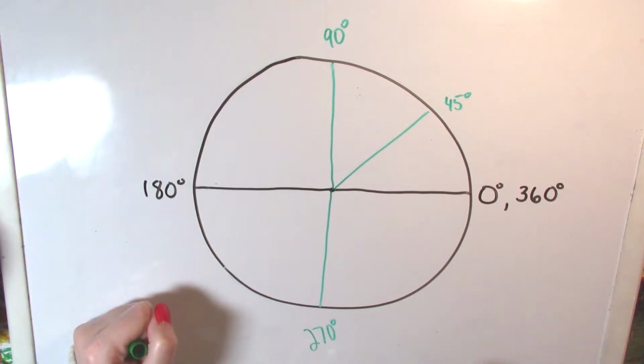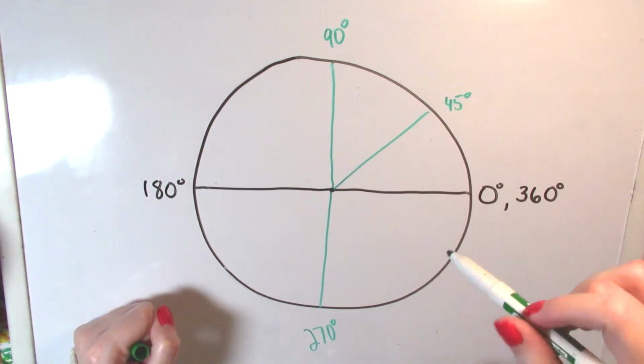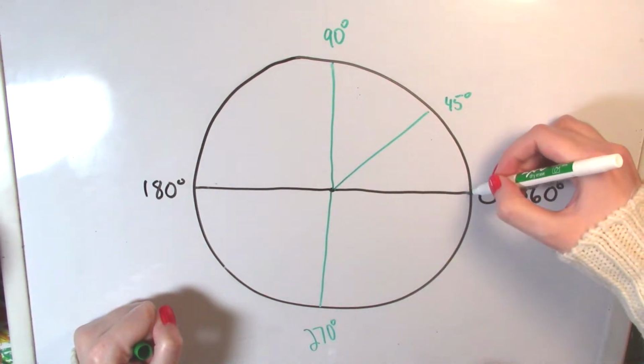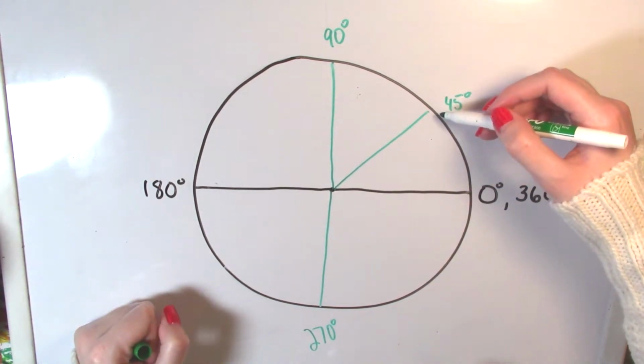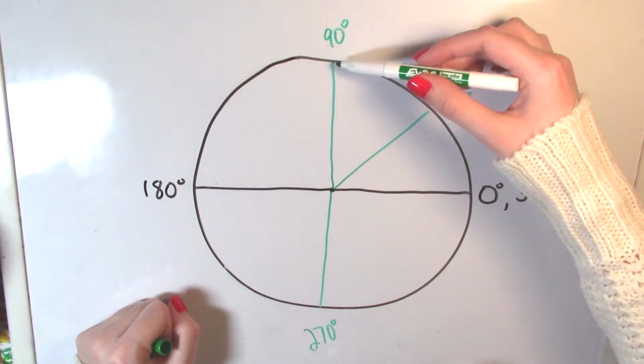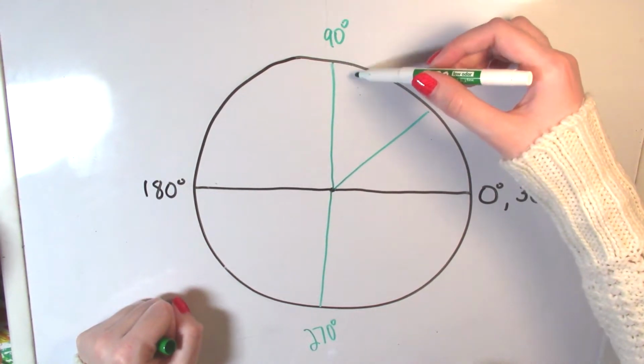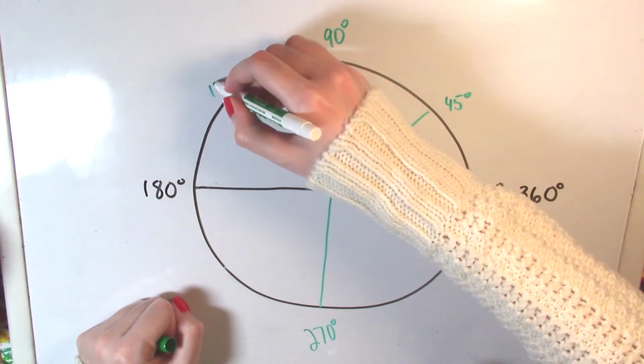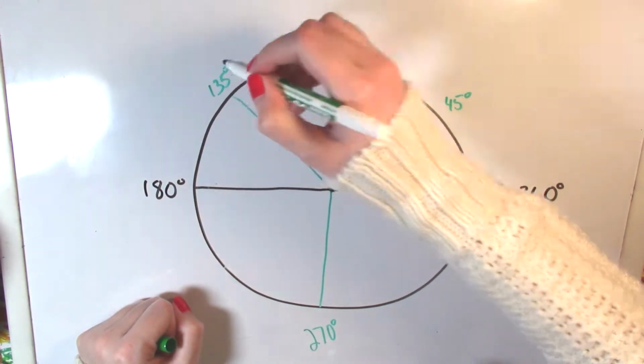Like I said, we need to divide it up into 45-degree chunks, so just literally go around, guys. That first one, 45. Add 45, you get to 90. Add 45 again, bam, you get right there to 135.